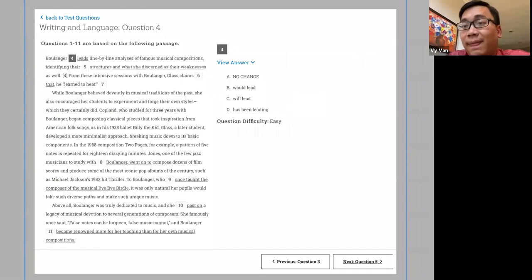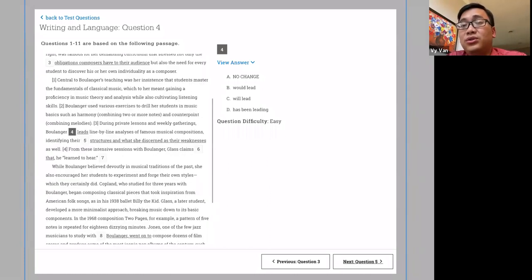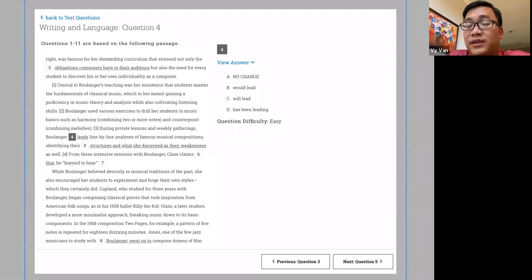Number 4 is tense agreement. The way you do this is you look at the tense of the entire paragraph and see what tense the author is using right now, and you want to match that tense. By looking through this paragraph, it says central to her teaching was her insistence that students master.